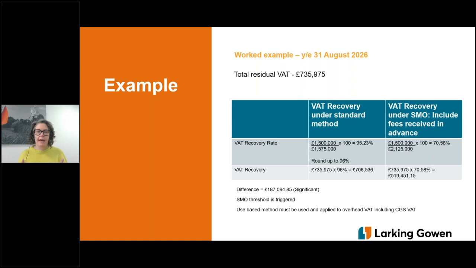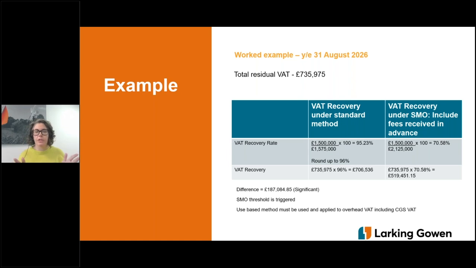We apply that percentage recovery rate that we've calculated to our residual mixed use VAT, and that gives us how much VAT we can recover under the standard method of 706,000 and how much we can recover under our standard method override of 519,000.